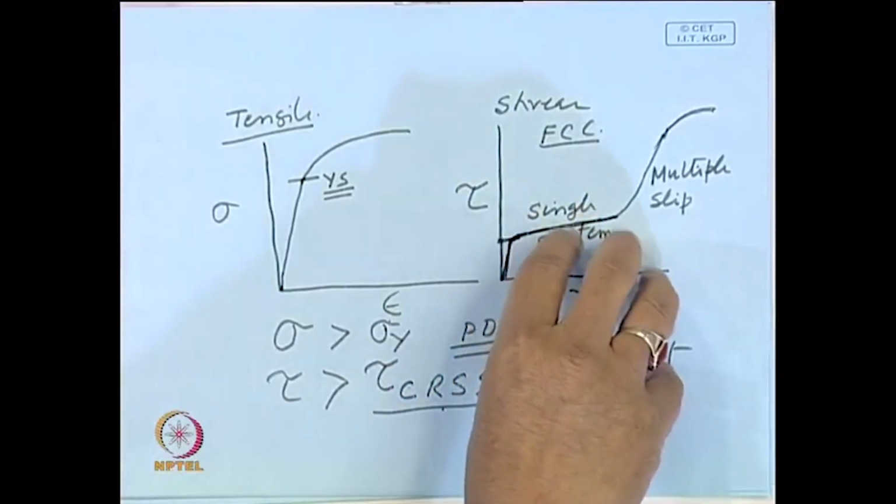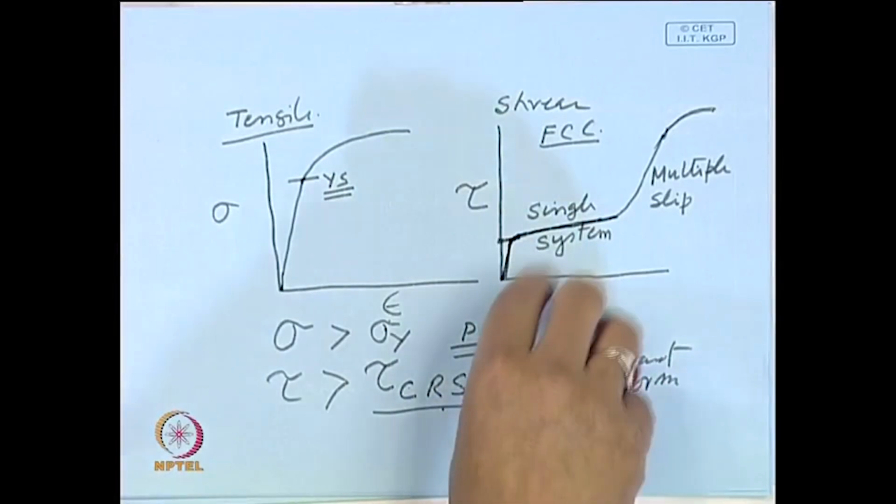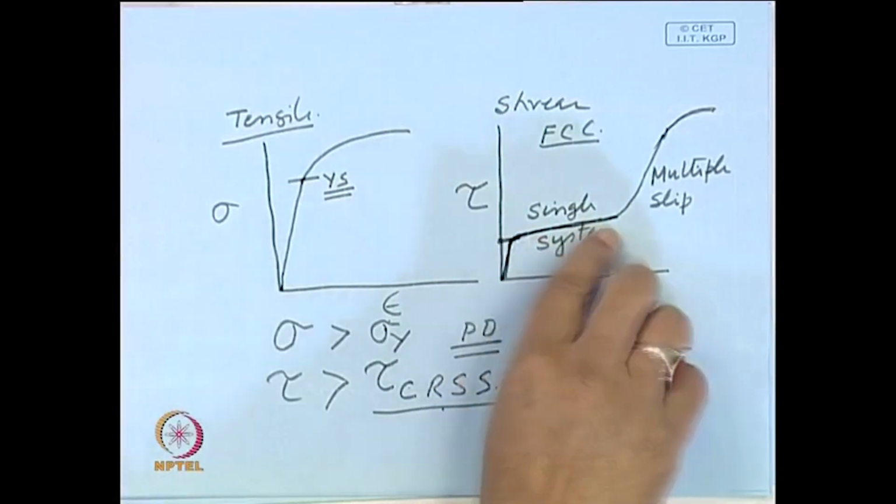We will look at the stress strain relationship in a little more detail, and we will also look at whether, during this deformation, when you pull a single crystal in a straining device, the orientation remains the same or changes, and depending on its orientation, whether the slip will take place on a single slip system or on multiple slip systems.